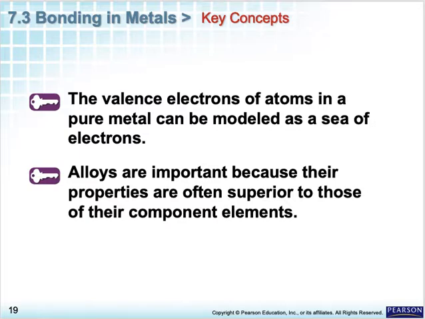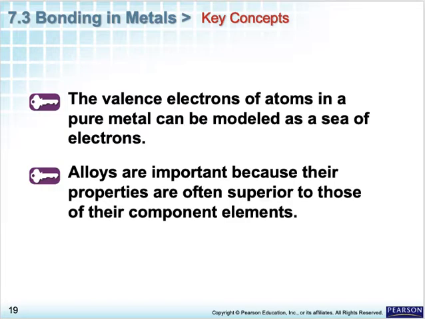And those are where something like brass would be an example of a substitutional alloy, because the two atoms are the same size and one replaces the other. And in stainless steel, iron and carbon, carbon's much smaller than an iron atom, and so it is an interstitial alloy.